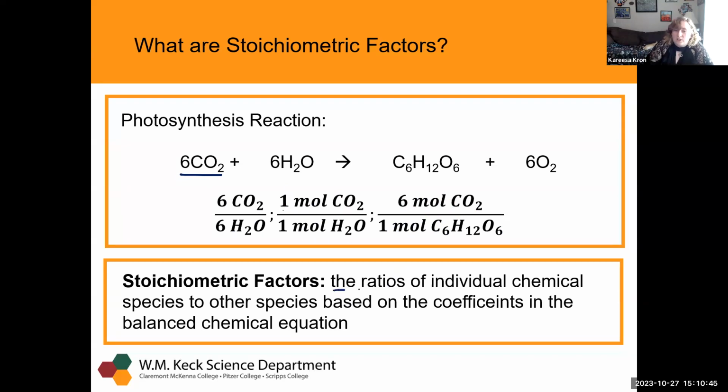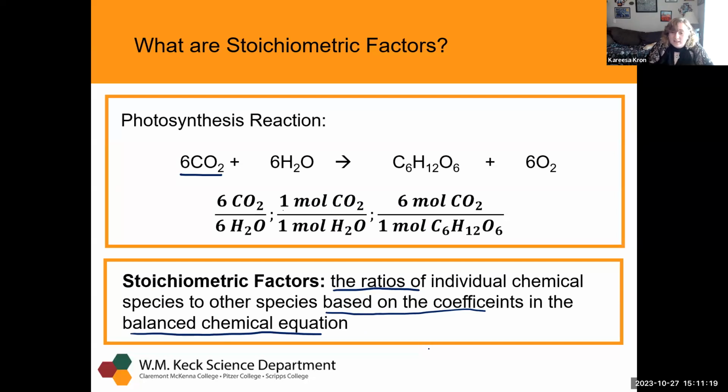And so these ratios of individual chemical species are what we call stoichiometric factors, which is how we connect the idea of 1 mole of an ingredient or a product to the amounts of the other materials we need or that we can produce. And we get these directly from the coefficients in balanced chemical equations, which is why it's really useful to be able to balance chemical equations.